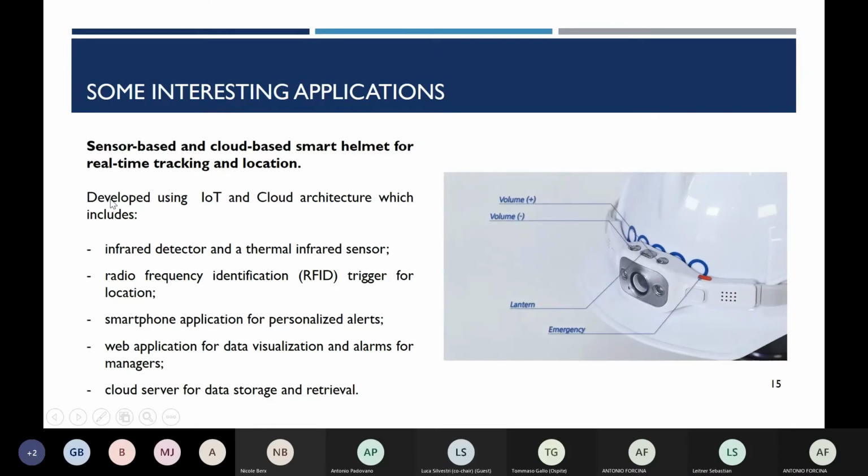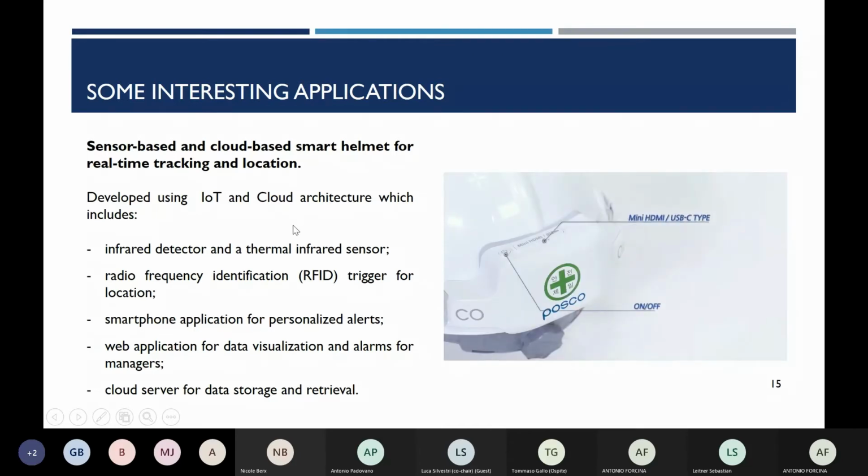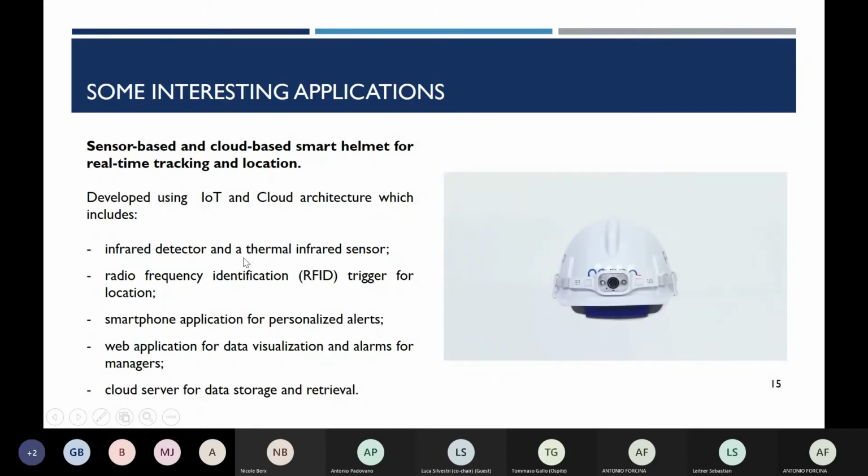This prototype has been developed using IoT and cloud architecture, which includes infrared detector and thermal infrared sensor, RFID trigger for location, smartphone application for personalized alerts, web application for data visualization and alarms, and cloud server for data storage and retrieval.